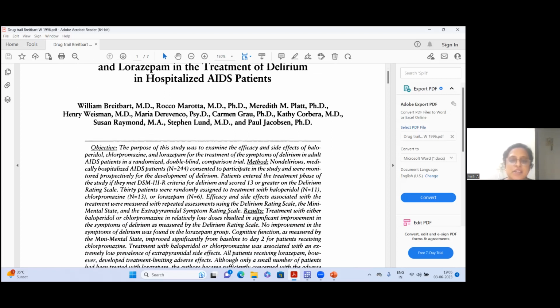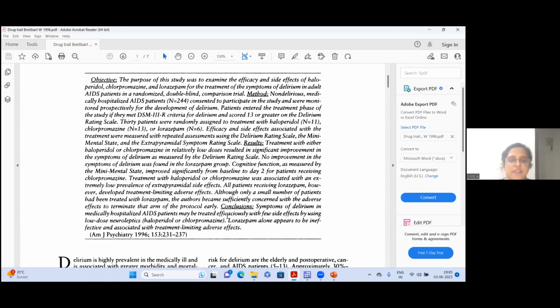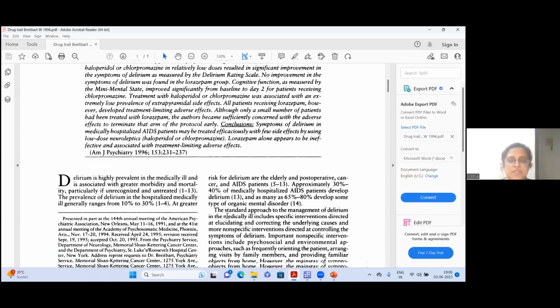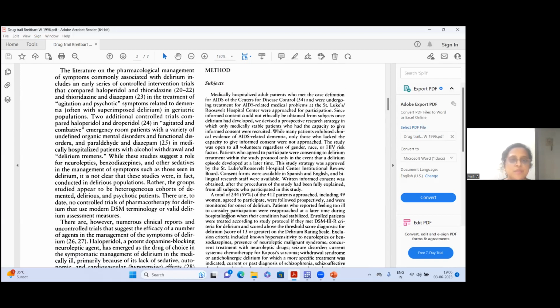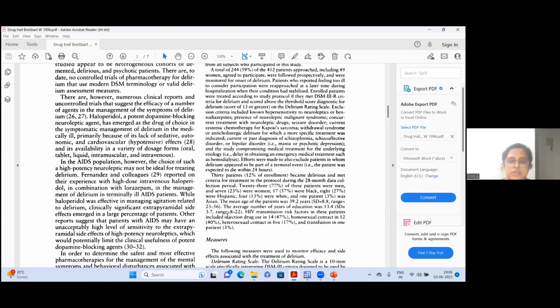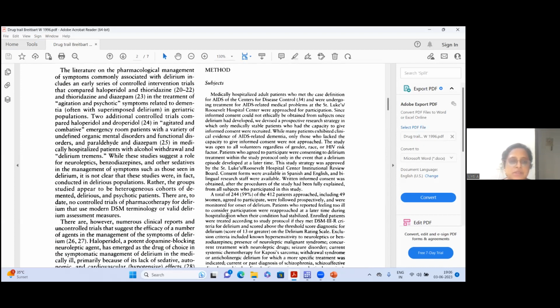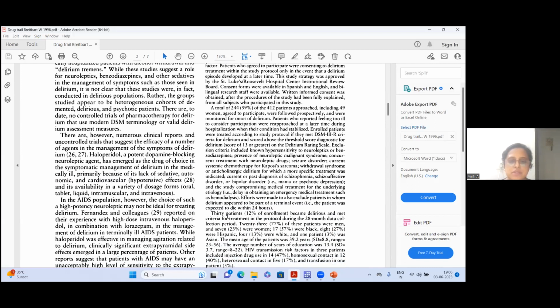They've also looked at repeated assessments using the Delirium Rating Scale, the Mini-Mental State, and the Extrapyramidal Symptom Rating Scale.